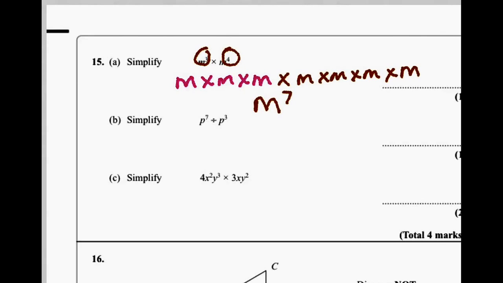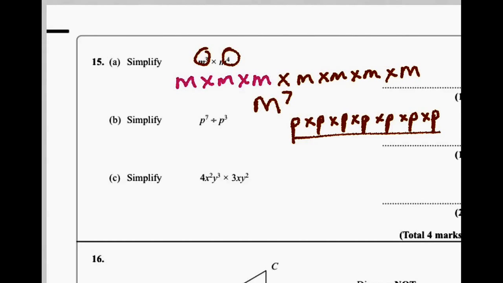In this one, we've got p times p times p times p times p times p times p divided by p times p times p.